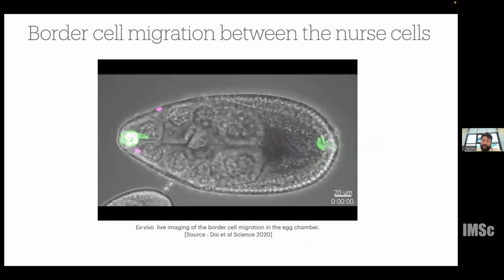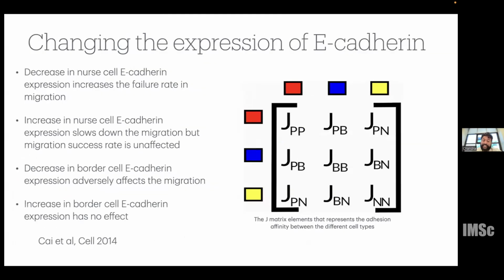But border cell is very interesting, because there the experiments have indicated that in some sense. It's not a problem with the biology, it's a limitation of experiments that you can't do this fine regulation of E-cadherin. You can do a knockout or an overexpression. So it's only very few values that you can explore. If there were a fine way to tune the knob, like you have in simulations, where you can change the expression level of E-cadherin in these 3D cell types nicely, you could get a nice curve experimentally as well.